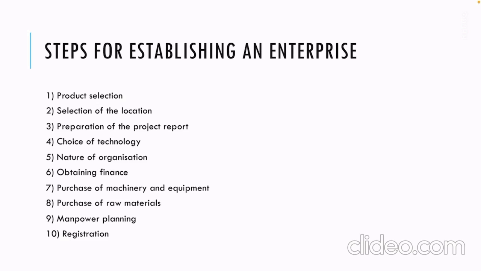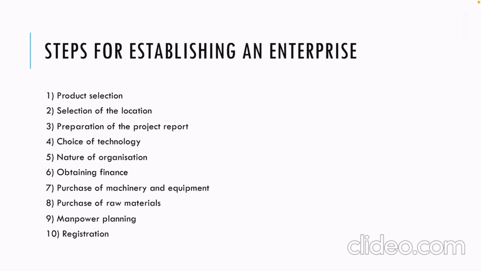The next is choice of technology. See, the selection of the technology should be an updated version to reach its ultimate goal. If it is an outdated one, then an enterprise cannot meet the customer's taste and it cannot provide satisfaction to the customers. The next is nature of organization.